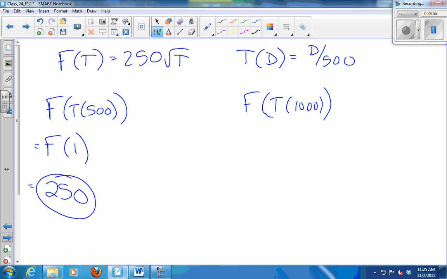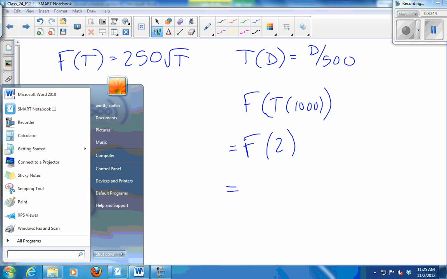All right, let's try F of T of 1,000. Well, what is T of 1,000? 2. Yep, 1,000 over 500 is 2. And what is F of 2? Well, it would be 250 times the square root of 2. Let's see what that is.